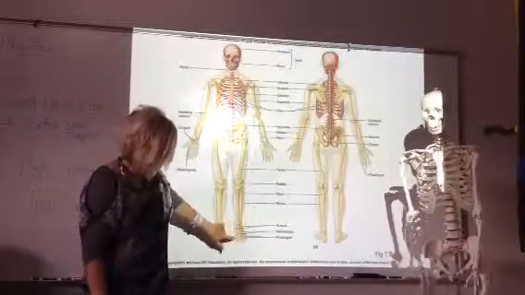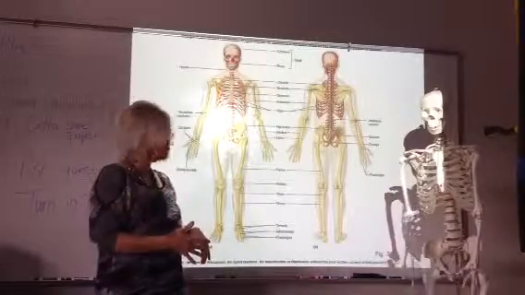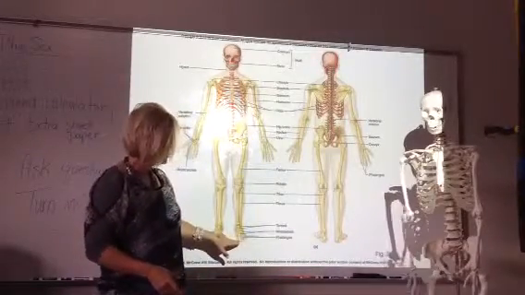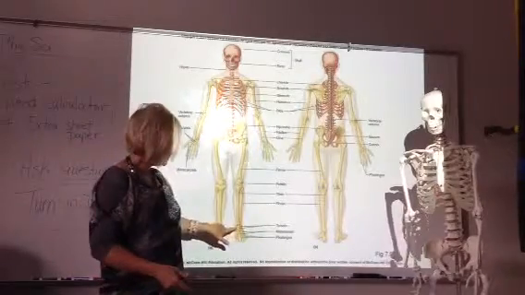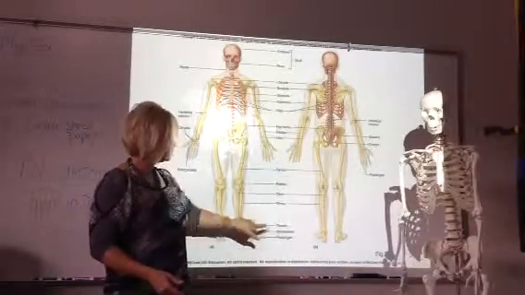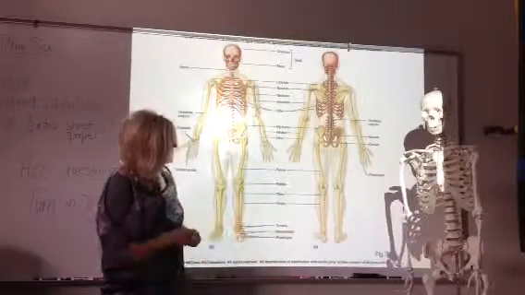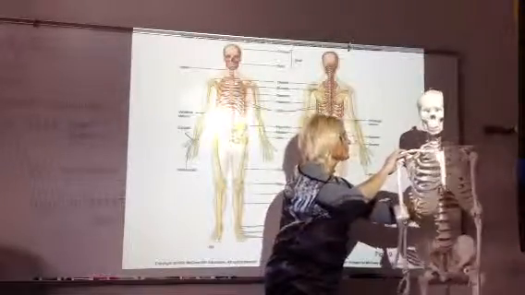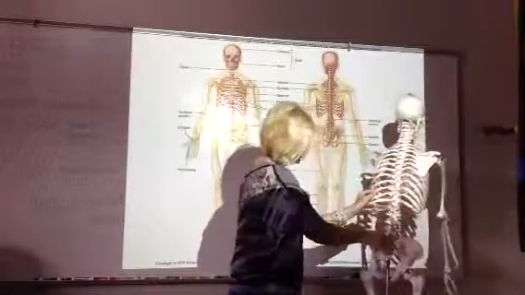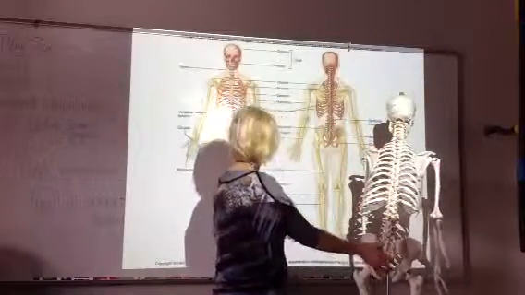Same thing with your feet. Phalanges are your fingers and your toes. So fingers and toes are phalanges. Tarsals deal with your small feet bones. And then metatarsals are the long feet bones. If I start looking at your vertebral column, which we'll actually break down later, you can see that it starts way up here, goes down to your tailbone.